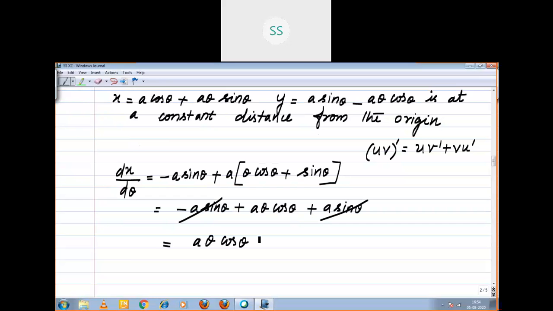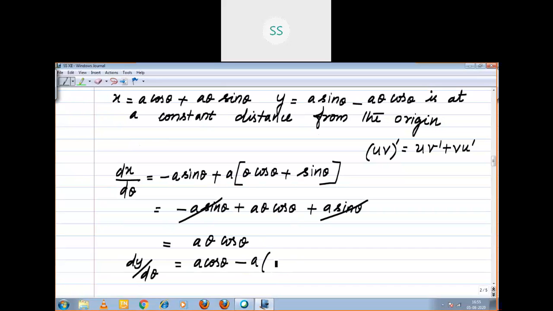Right, children? Now, dy by d theta equal to what is given in y? a cos theta. First part you have no issue. When you come to the second one, you have to apply the product rule, right, children? Here it is given as minus, so minus a into bracket theta into cos theta.